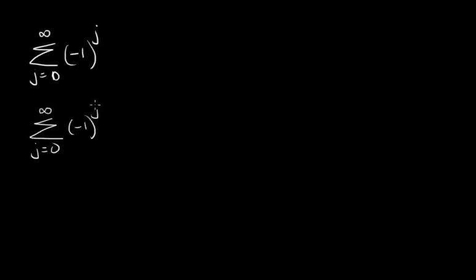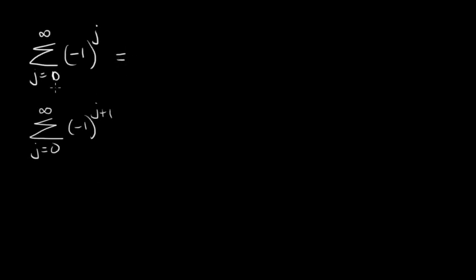The standard example that authors use to show you how you have to be careful is, let's look at the sum from j equals 0 to infinity of -1 to the j. And we're also going to look at the series j equals 0 to infinity of -1 raised to the j plus 1.